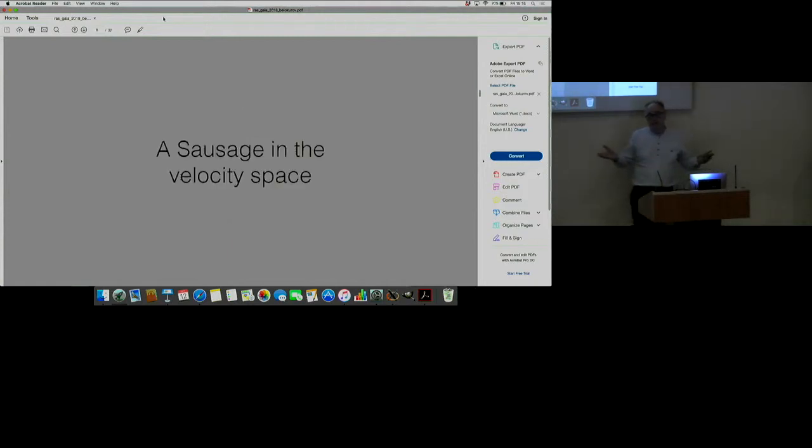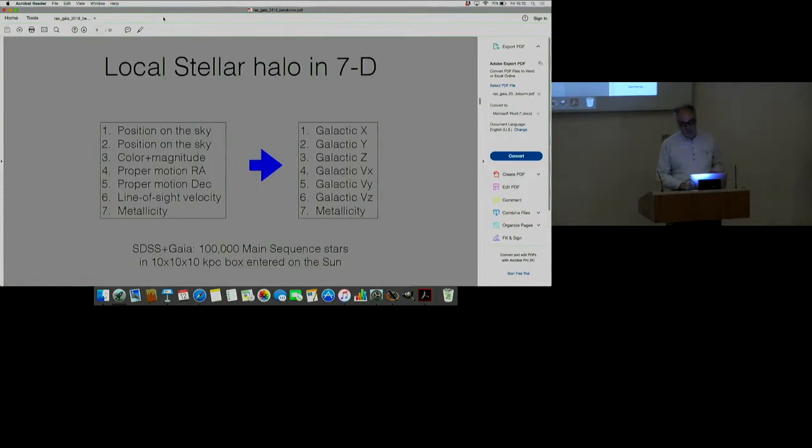And one of the first discoveries that was made with Gaia DR2 is that there is a sausage in velocity space. And so we can do this by studying the stellar halo in 7 dimensions. Here is the data. So this is a sample of Gaia stars, again cross-matched with SDSS.